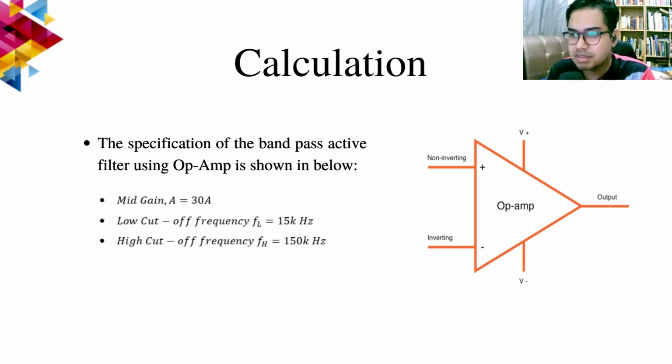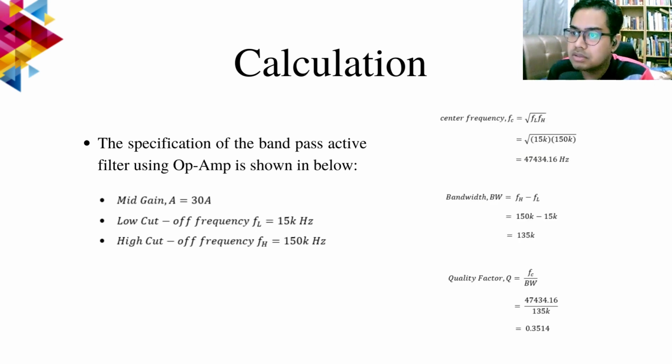The specification of the bandpass active filter using the op-amp is shown below: the mid-gain, A, is equal to 30. The low cutoff frequency is equal to 15 kilohertz, and the high cutoff frequency is 150 kHz. As the calculation shows, the center frequency FC is equal to the square root of FL times FH, which is 47,434.16 Hertz.